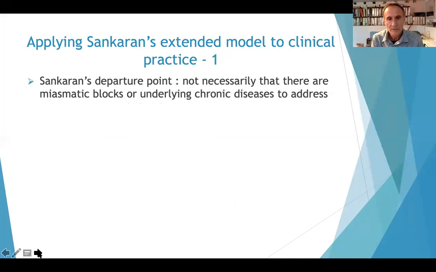So Sankaran is a bit different in his way of approaching miasms to the Hahnemannian or many of the other classical post-Hahnemannian homeopaths. His point is that there are miasmatic blocks, but his point of developing the extended model was not necessarily to address them or to address underlying chronic diseases.